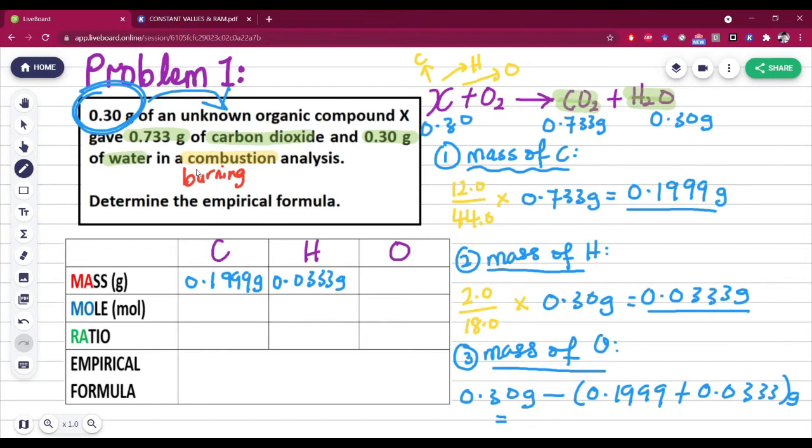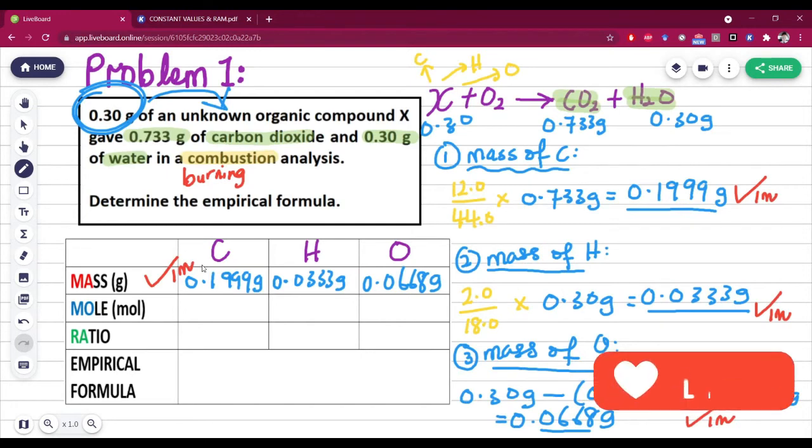You'll get 0.0668 grams. So that's how you're going to find out the mass for oxygen. So by doing this calculation, you have 1 mark, this one 1 mark, and that is another 1 mark, and you'll get another 1 mark for this.